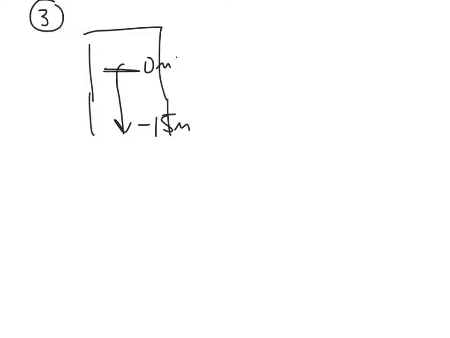We'll call this position initial. This 15 is position final. The acceleration is going to be negative 9.8 meters per second squared, and they're looking for velocity final.